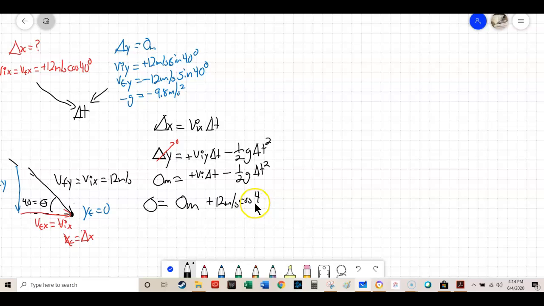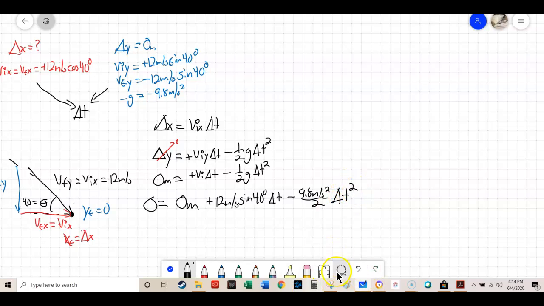That should not be cosine, that should be sine of 40 degrees.